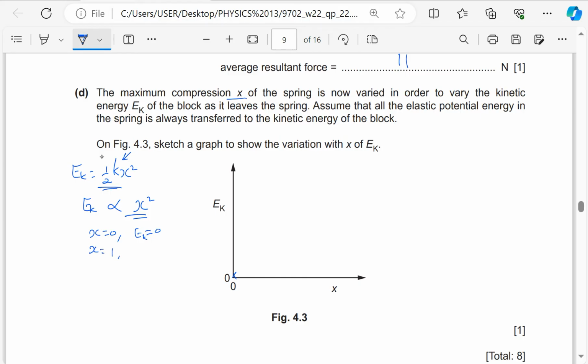If the compression is 1, the kinetic energy is a constant times 1. If the compression is 2, the kinetic energy will be a constant times 4 because x should be squared. If the compression is 3, the kinetic energy is going to be a constant times 3 squared, which is 9. Now when you look at the last digits here, it means Ek increases more rapidly as x increases. So that is going to be a curve of increasing gradient.